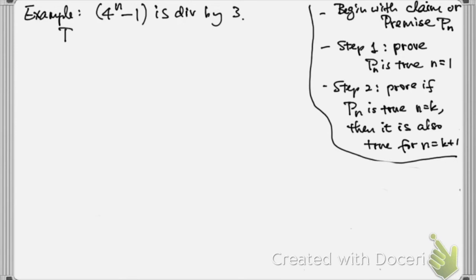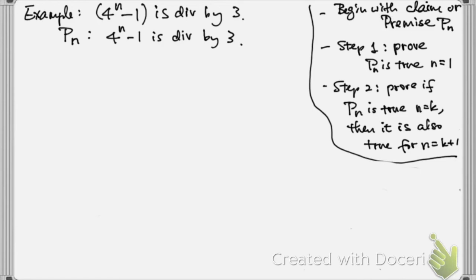So we're going to write our premise or claim p sub n states that 4 to the power of n minus 1 is divisible by 3. Okay, this is our claim. It seems pretty obvious, but sometimes it's a little bit different from what we're trying to prove. In this case, you can use the original claim as our premise.